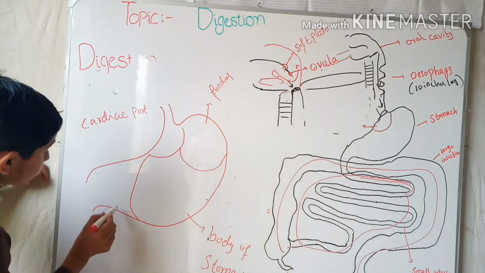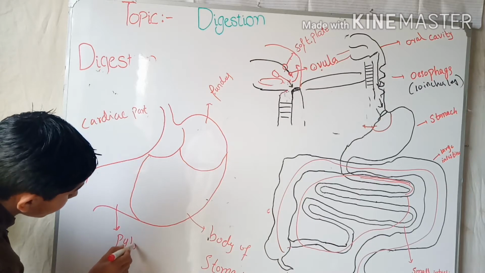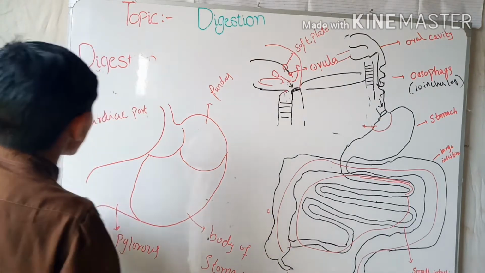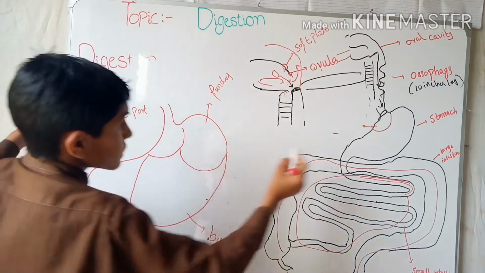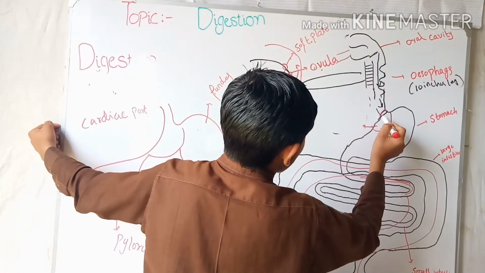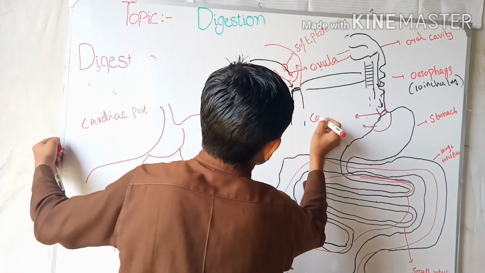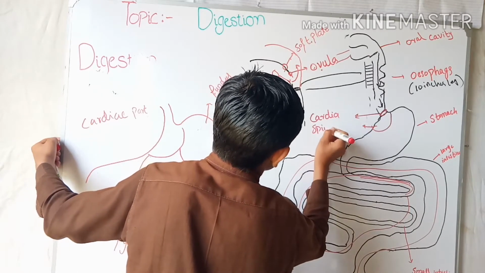And this remaining portion is called the pylorus. Due to the cardiac part in the stomach, this sphincter muscle is called the cardiac sphincter. Okay, so these are the cardiac sphincter muscles.